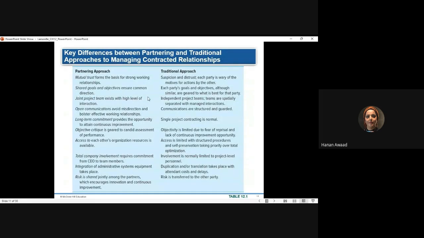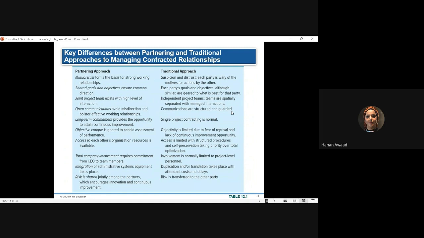So I will leave you to read this on your own, but back in the day, we had an approach full of distrust or mistrust. I have a different agenda than the vendor. We are not working in partnership, and there is a lot of discussion around building this partnership with the suppliers and the vendor.